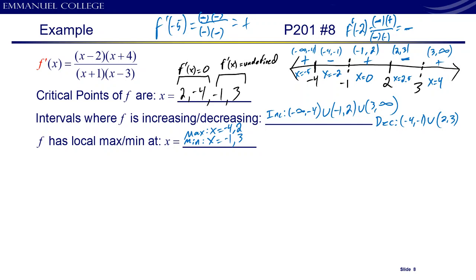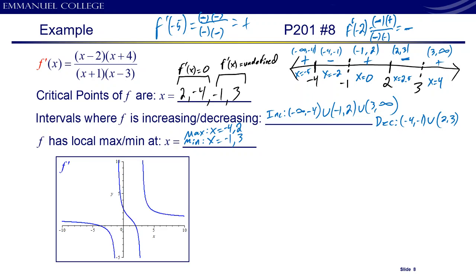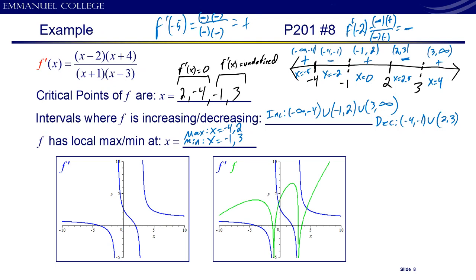So based on our values and the fact we go increasing, decreasing, decreasing, increasing, that's our assumption. So here's the graph of f prime. And here's the graph of f.